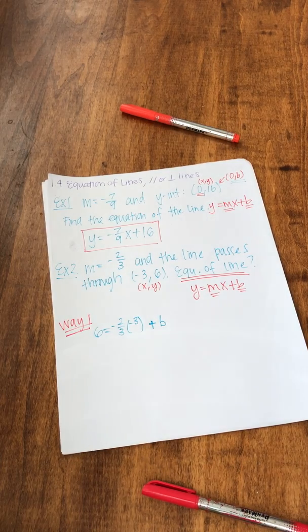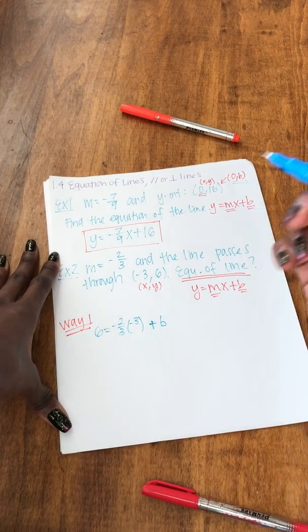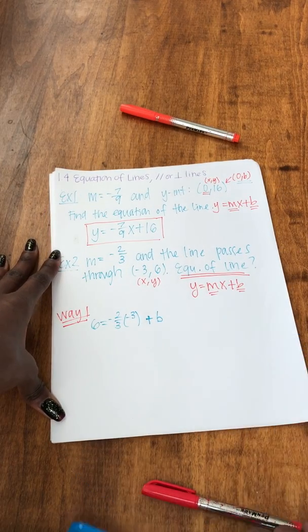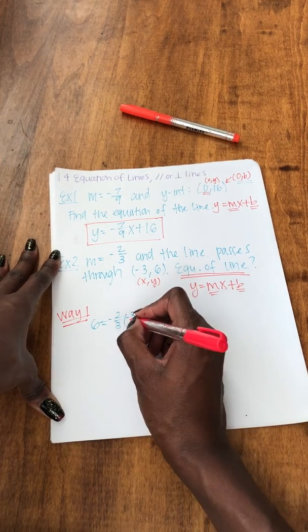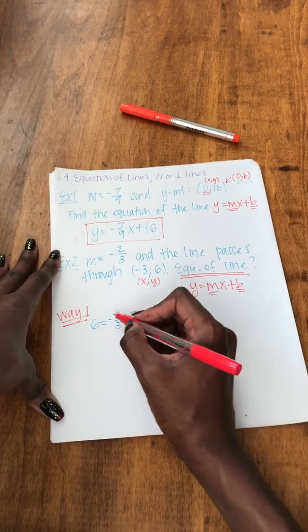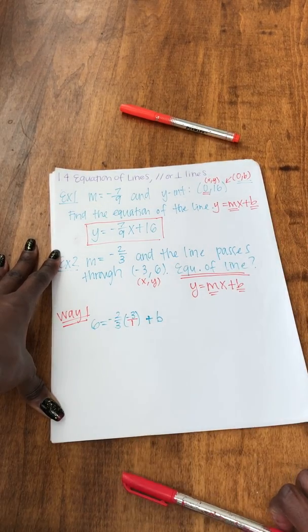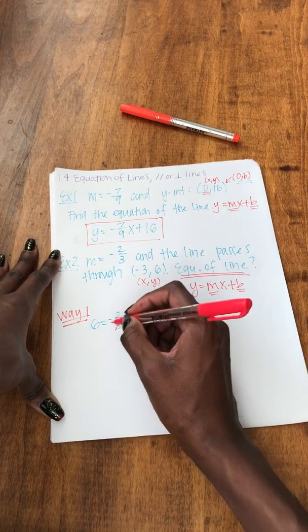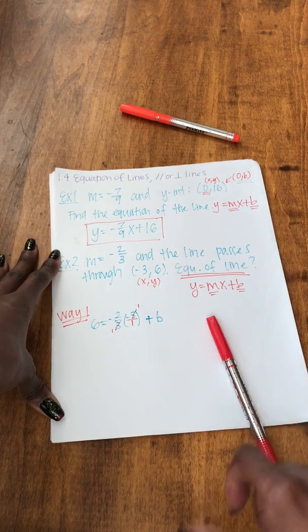So I know you guys don't like fractions, but again, the easiest way to work with fractions is to make everything a fraction. So this -3, I'm going to change to a fraction, -3/1, by placing it over 1, okay? So when you have 2 fractions, you can multiply straight across on the top and straight across on the bottom and then simplify. Or we can see that this 3 and this 3 will cancel out into 1s, okay?